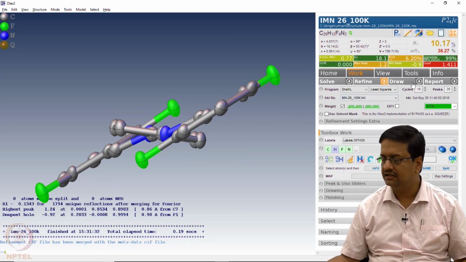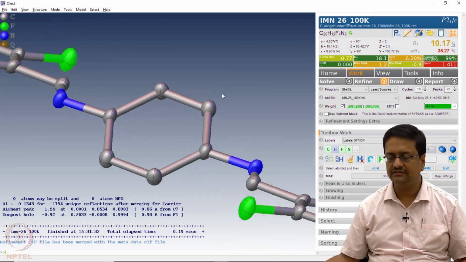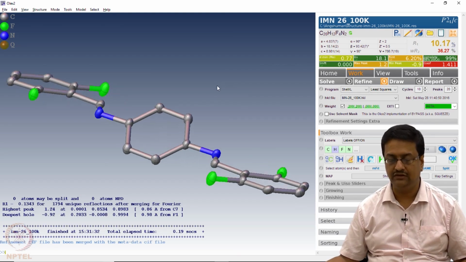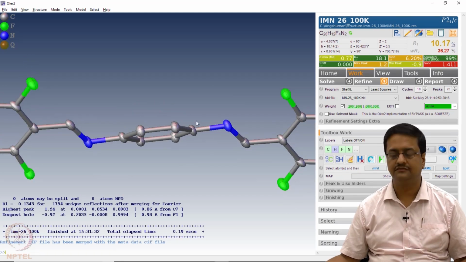What we see here is that the R factor has reduced to about 10%, WR2 is 36, and goodness of fit is 1.4, which clearly indicates that the structure is very close to its real value. What we need now is the hydrogens.